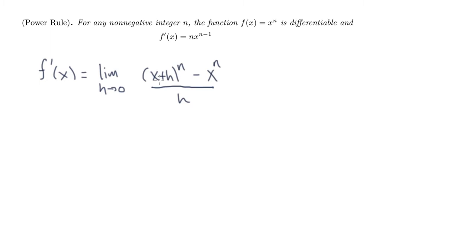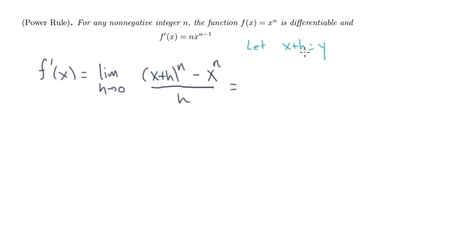And what I want to do is notice that I can actually rephrase this in the following way. I can let x plus h equal y. Okay, we've seen a similar idea when we talked about functions that are differentiable being continuous and taking the limits of a differentiable function.